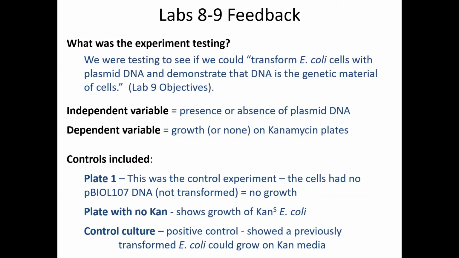The plate with no kanamycin was a control plate showing that the E. coli, in fact, was viable. It was able to grow, and therefore was kanamycin sensitive. And then the control culture was a positive control. This was the culture that was used in lab 8 to extract the plasmid from, and therefore it showed that we can have E. coli that is kanamycin resistant.